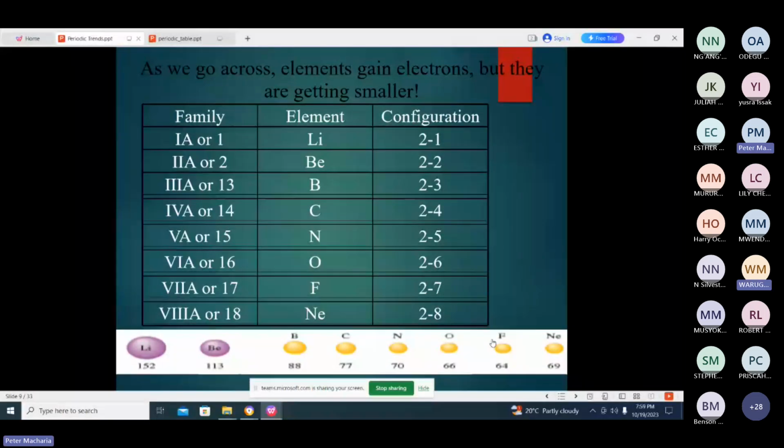It is either by losing electrons, if they have a few electrons, or by gaining electrons, if they only need a few electrons in the outermost shell to achieve the noble gas configuration. Now, for those elements in group 1 and 2, they usually need to gain 6 or 7 electrons to achieve the noble gas configuration.